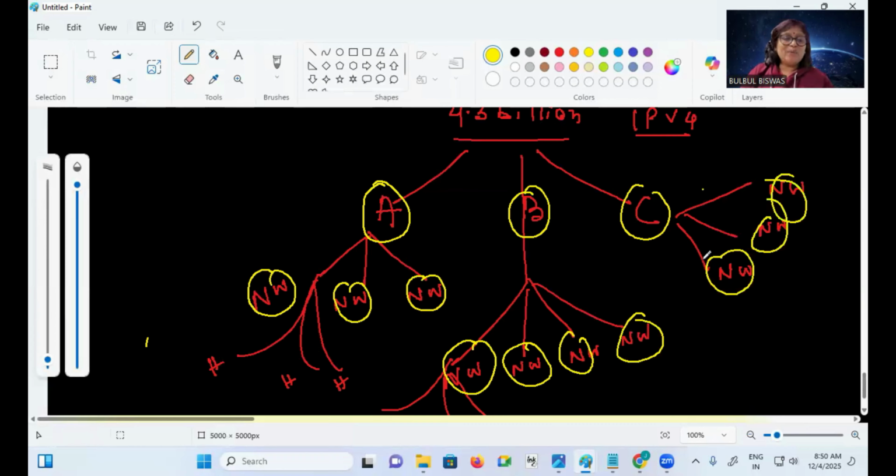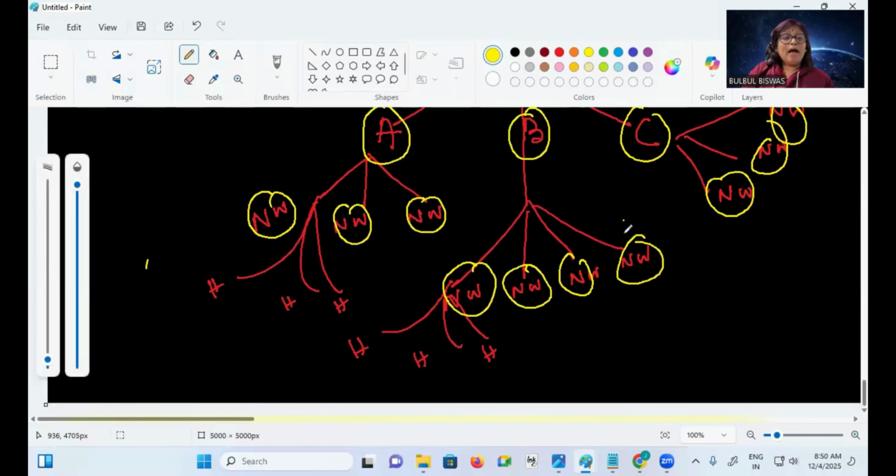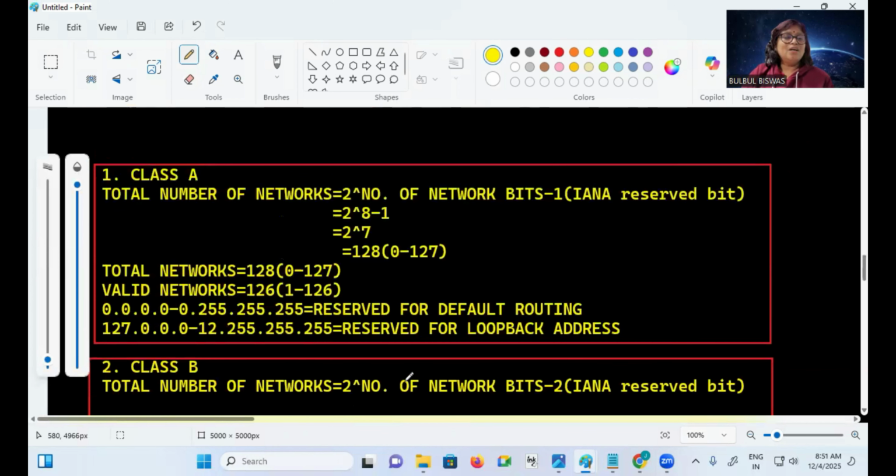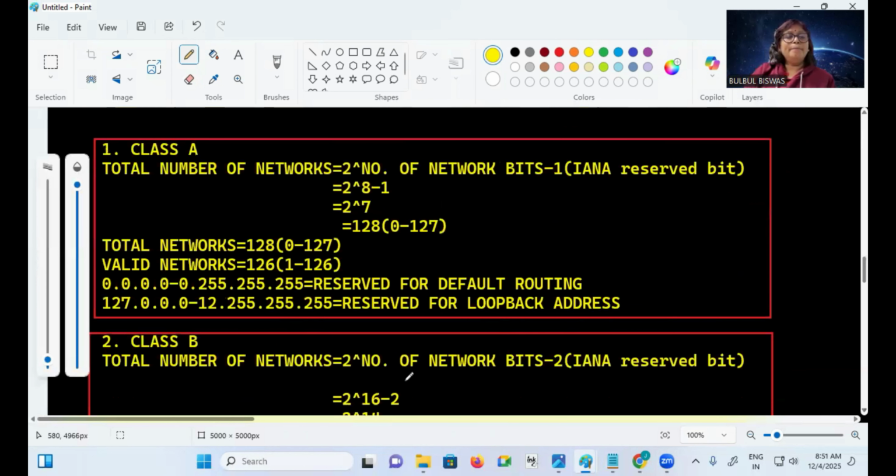Once this task is over, we will find under every network how many host addresses are available. Is it clear? After that, we will have a very clear picture in the world of how many networks per class are available, and after that, per class, per network, how many host addresses are available. So see, when we are going to find the number of networks, we have to follow this.